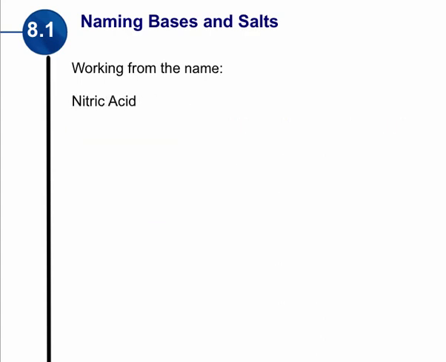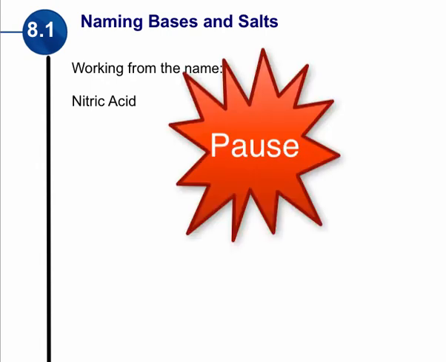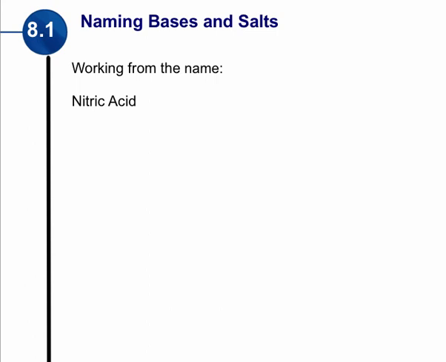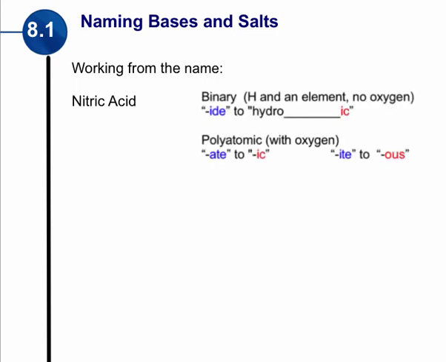See if you can write the formula for the name nitric acid. Well, nitric acid, using our guide. There's no hydro, so we're going to see that ic came from ate. So nitric came from nitrate. Because it's an acid, you know it's going to start with hydrogen.